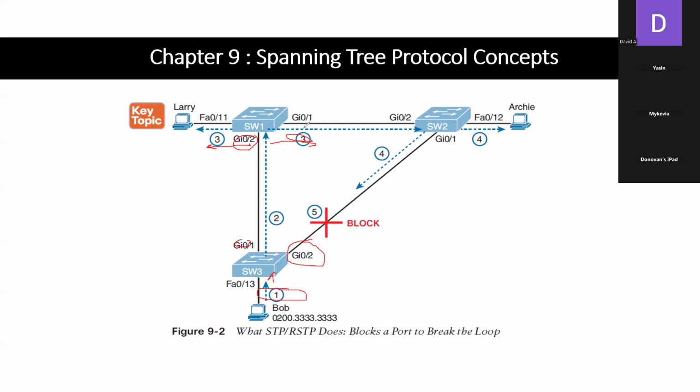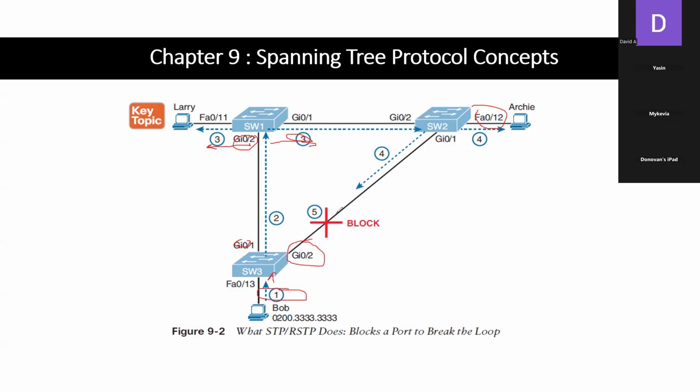Then we move on to step 4, where it floods that frame out of fast Ethernet 0/12 and out of gigabit 0/1.